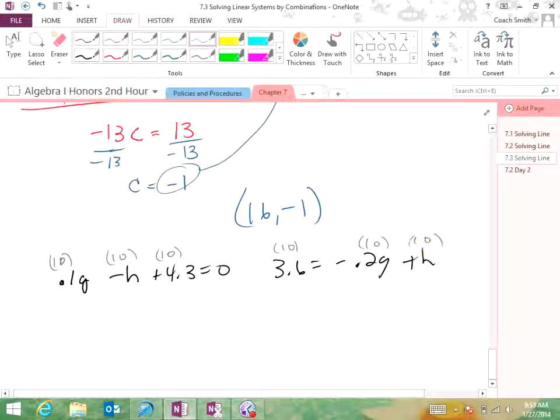That will get rid of your decimals. So that gives you 1g minus h plus 43 equals 0. And then you have 36 equal 2g plus 10h. Excuse me, 10/8 there.